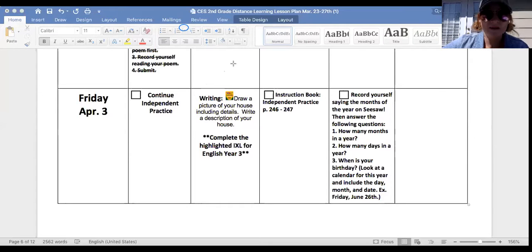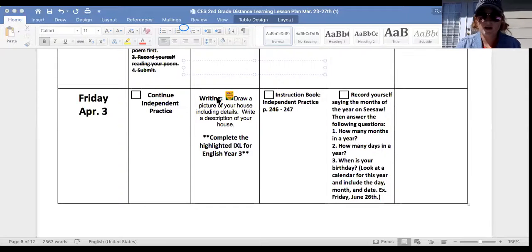Why does the poet begin lines 1, 4, 7, and 10 with the words I love? What is the author talking about that they love?